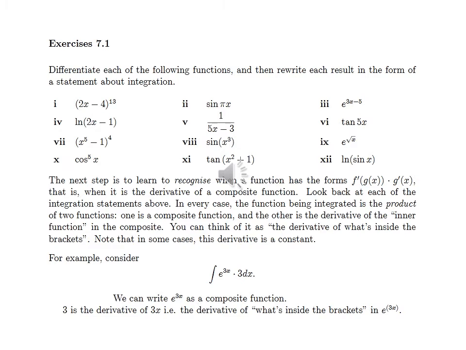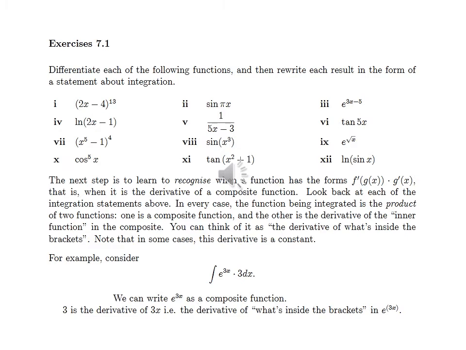One is a composite function and the other is the derivative of the inner function, that is, the derivative of what's inside the brackets. Note that in some cases this derivative is a constant. For example, consider e to the power 3x multiplied by 3 dx.